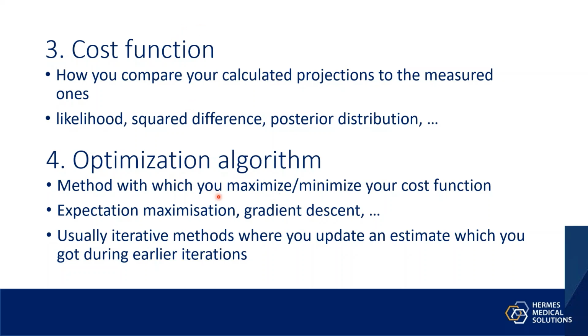It's sometimes difficult to use certain optimization algorithms with certain cost functions, but usually these are somehow linked together. And these optimization algorithms are usually iterative methods where you update the estimate that you got from the previous iteration, and go on with the iterations.